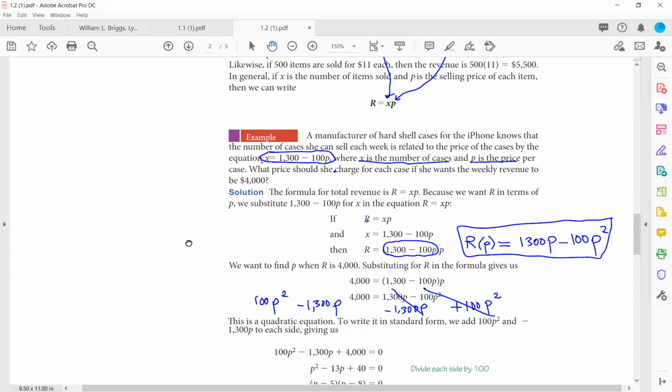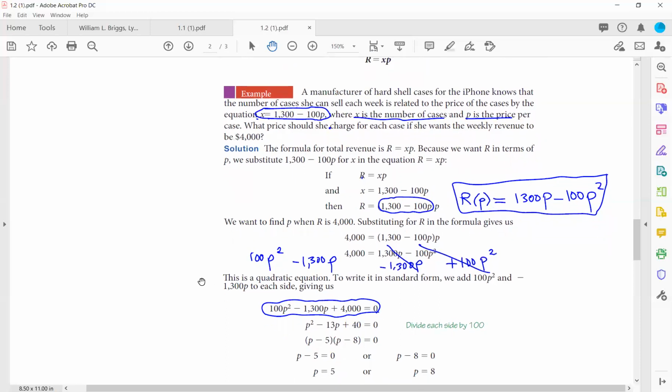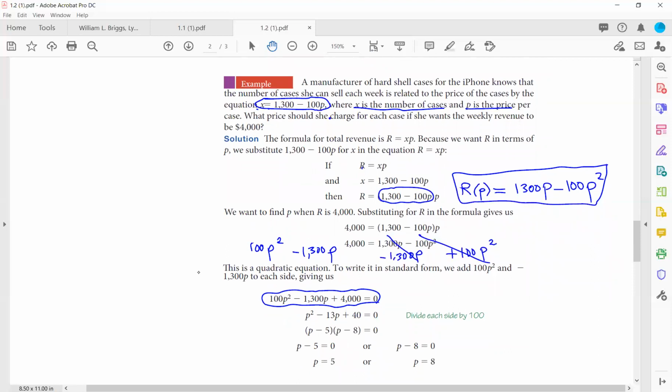Now you have 100P squared minus 1,300P plus 4,000 equal to 0, which is a quadratic equation. Your goal is to find price, or P.